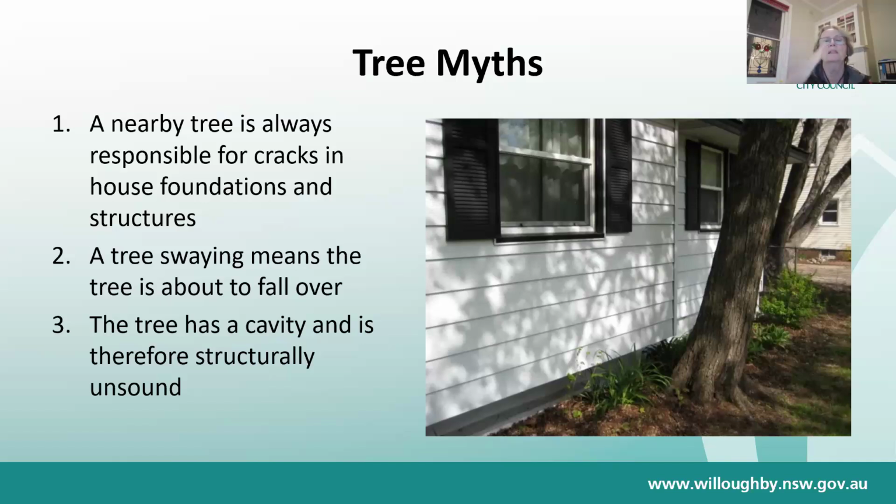So what happens is that as we get to the end of the branches, as everyone knows, those branches get smaller and smaller and smaller, and they taper to a small point. That allows them the flexibility to swing and sway in the breeze.